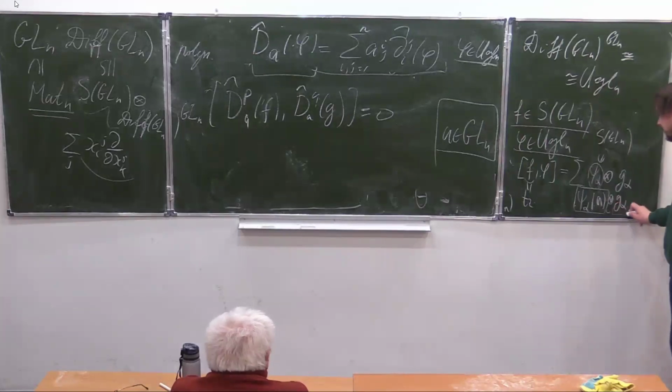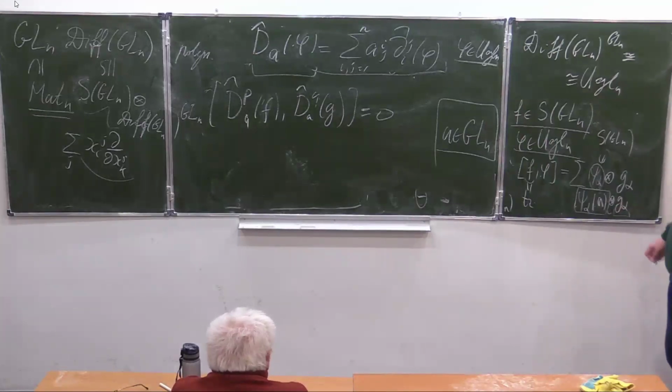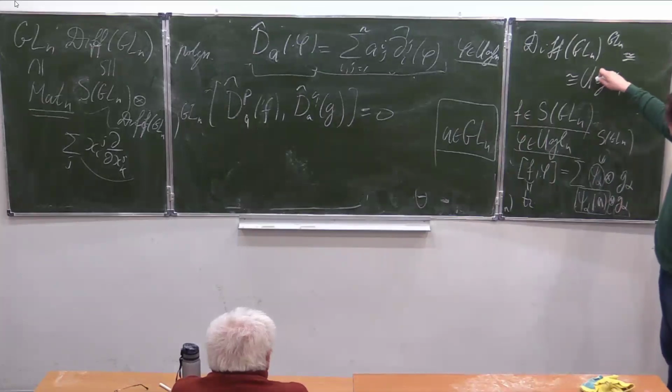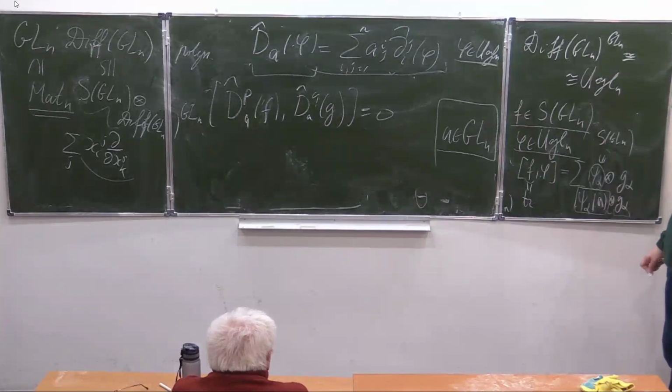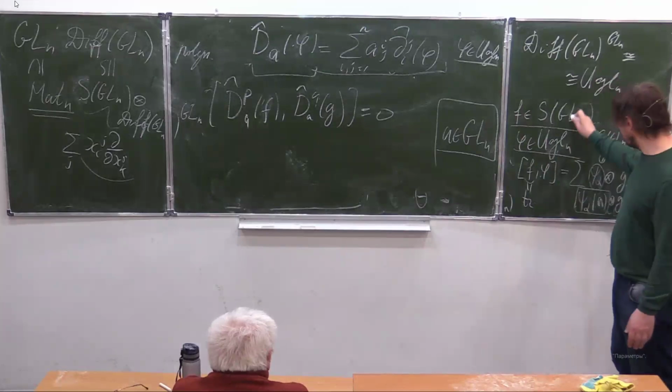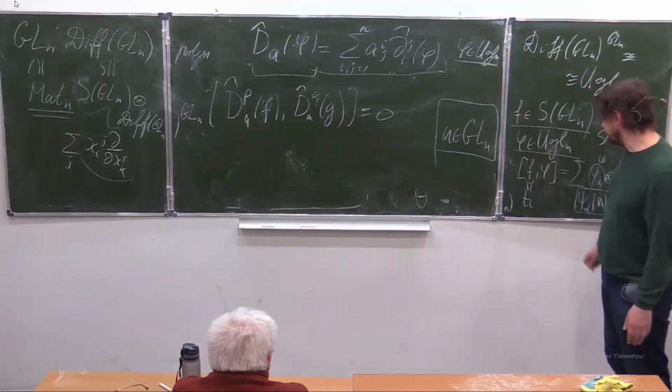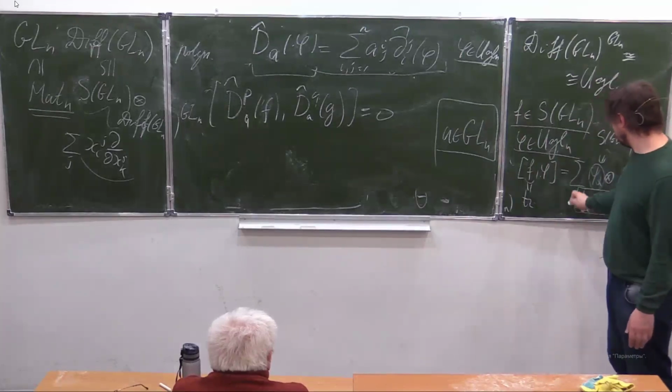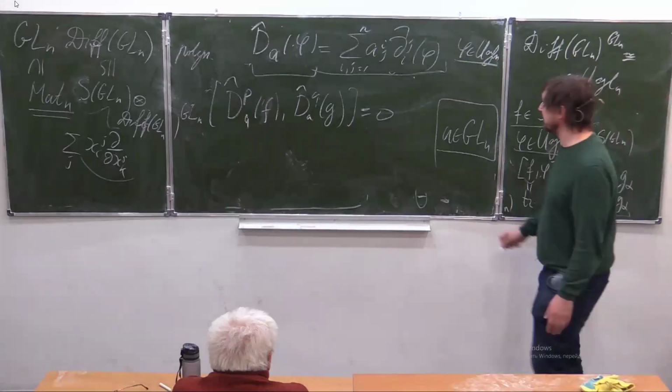So this is some operation which takes elements from the universal enveloping algebra and gives you other elements in the universal enveloping algebra. And I claim that if you take f, the function, to be equal just to the trace of matrices in GL_N, then what you get will be precisely equal to this operator.